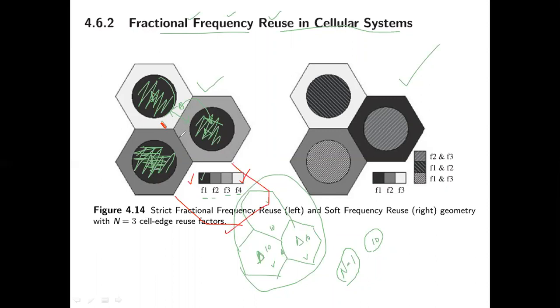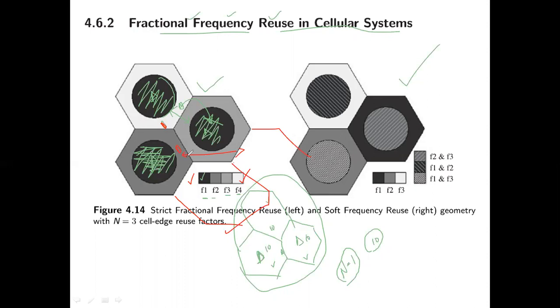Similarly, say there is a user here, the nearest place where this frequency will be used once again would probably be somewhere around here. So the distance has been increased. By doing so, the signal to interference ratio has been improved.